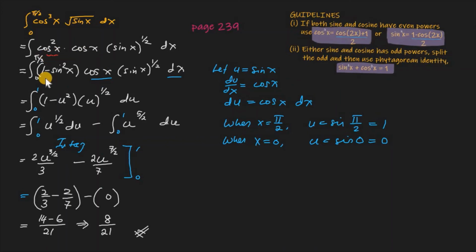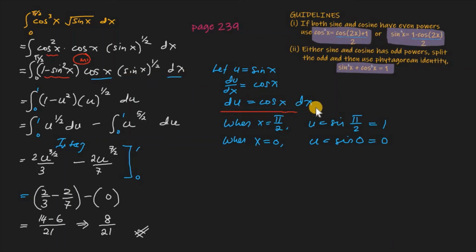So change this into this, split it first, and there's a mark there for the technique. And then we use a simple u substitution, let u be the sine, differentiate and replace everything in terms of du.